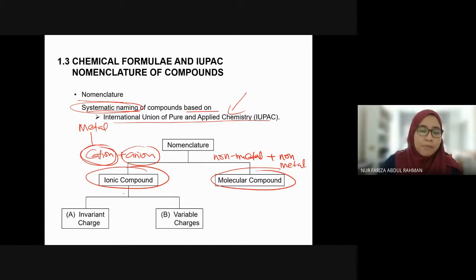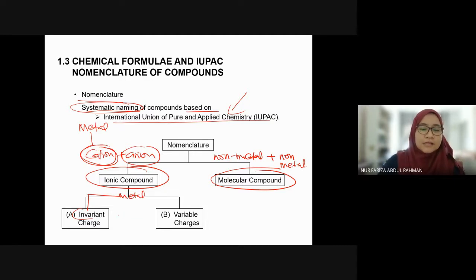For ionic compound, we have two naming styles. It depends on the metal itself, the cation. The cation, which comes from the metal, can be divided into two. First, the metal that has invariant charge. Invariant means the charge is fixed.